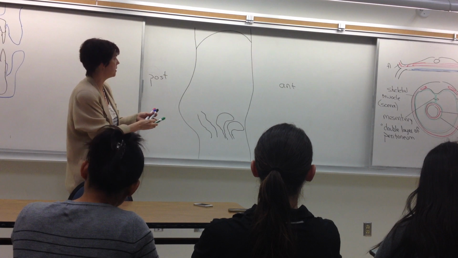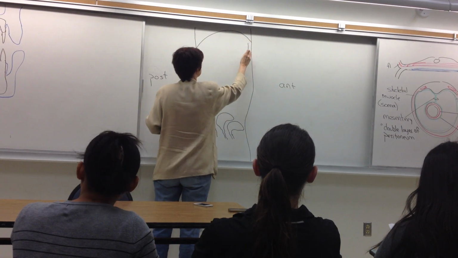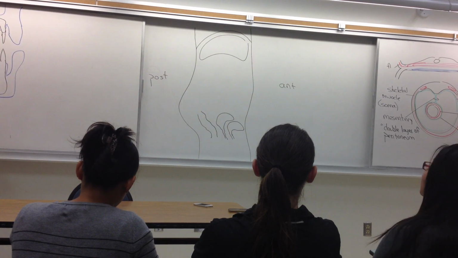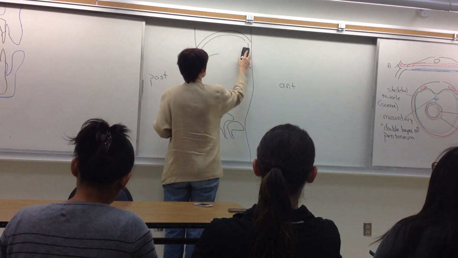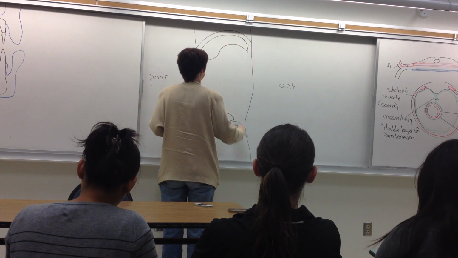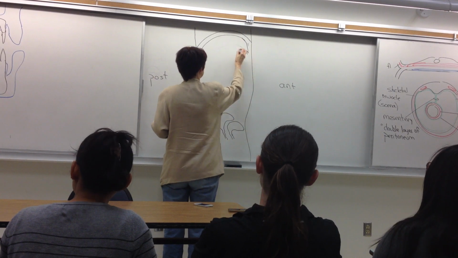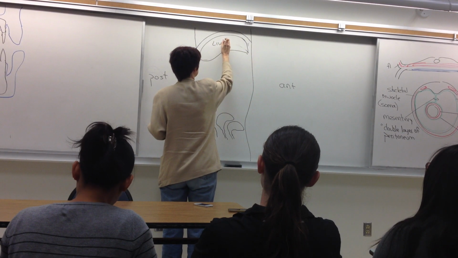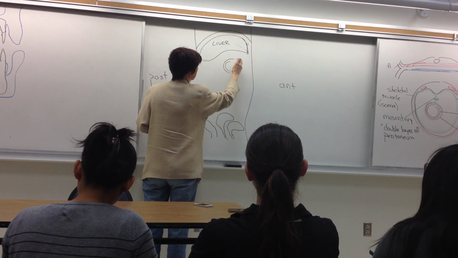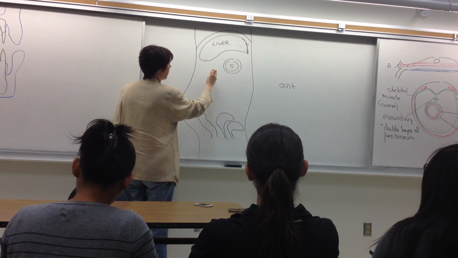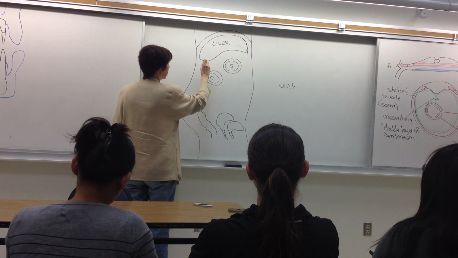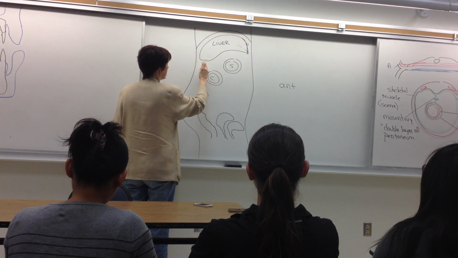And using the same colors, let me put in the liver here. This would be a cross-section through the colon. And we're going to have our pancreas here.